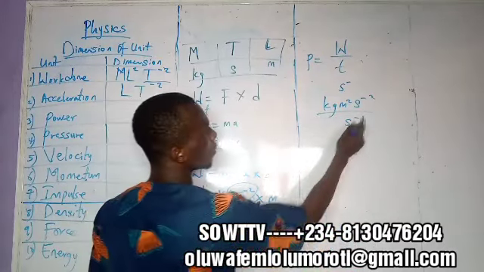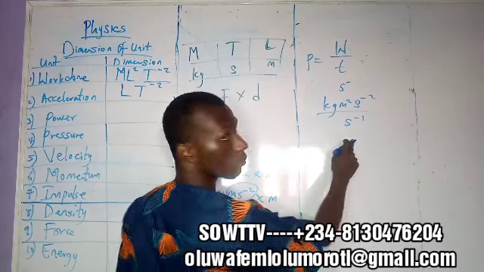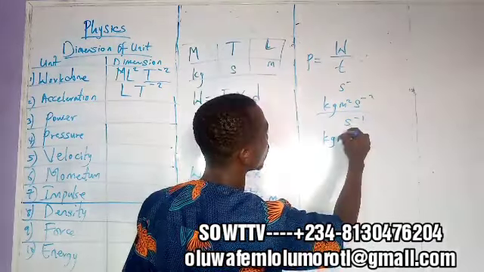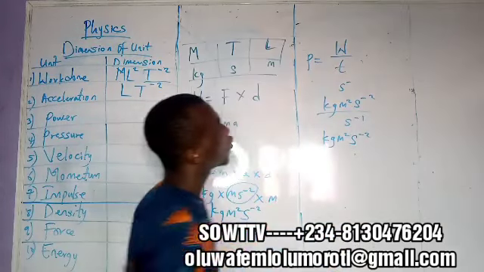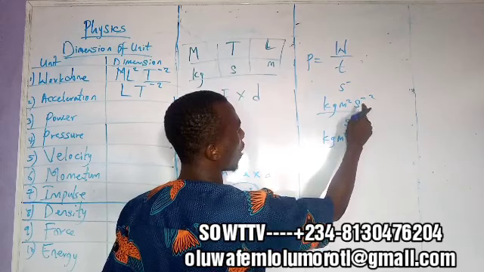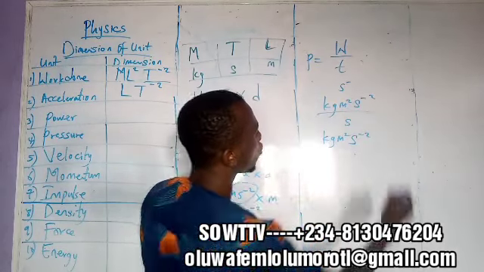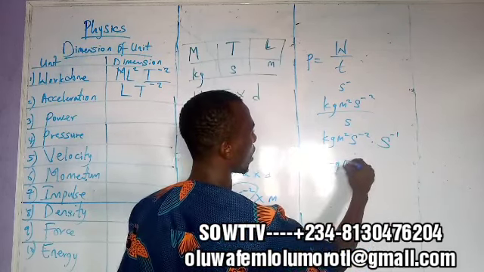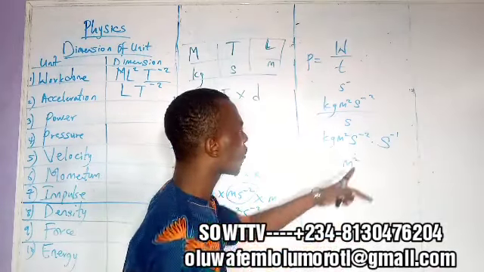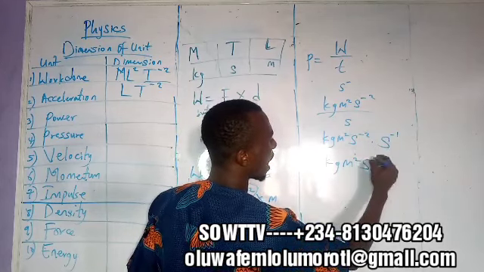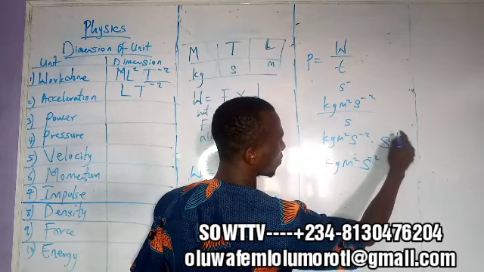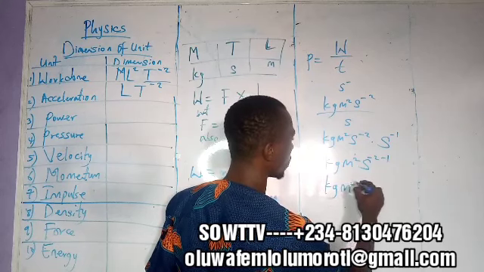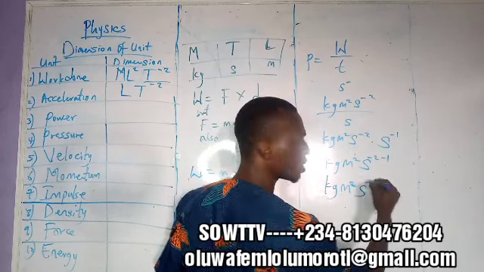From the law of indices, when it comes up it changes to s^-1. With the same base, we add the powers together: minus 2 plus minus 1 gives minus 3.